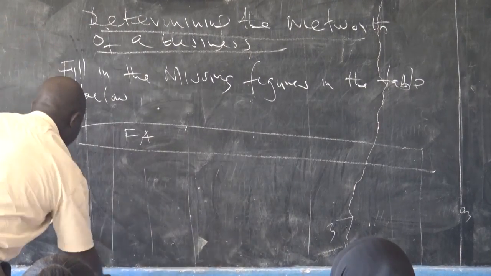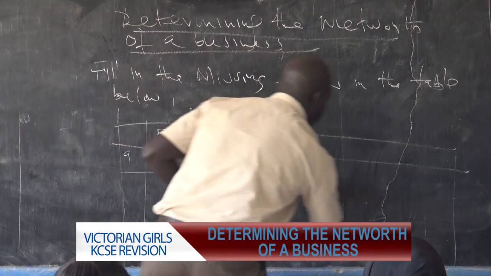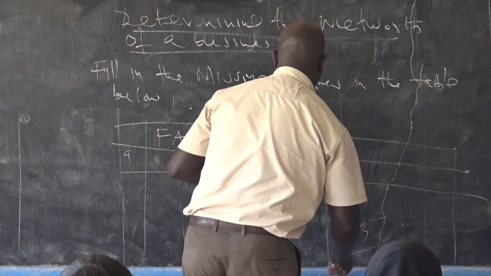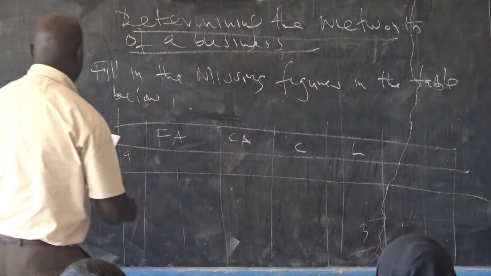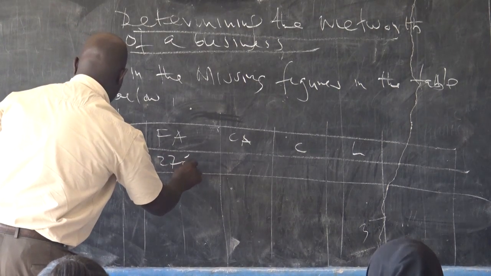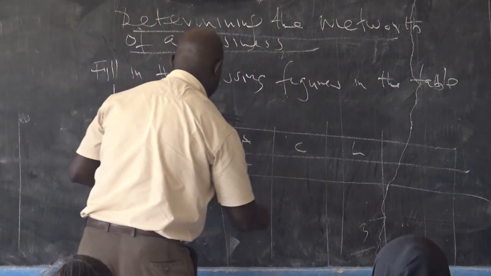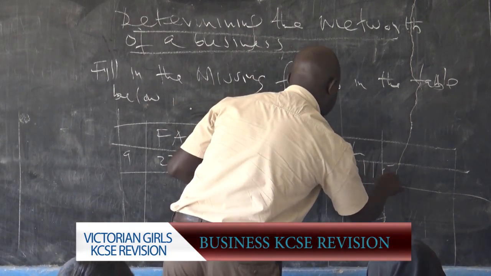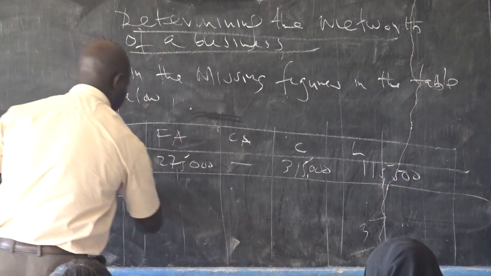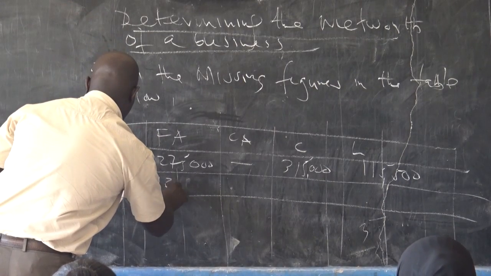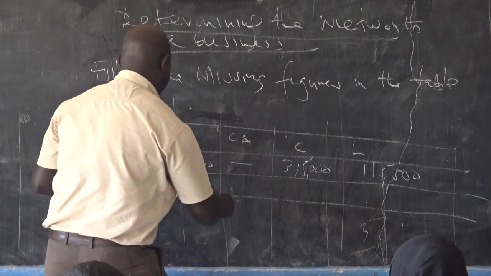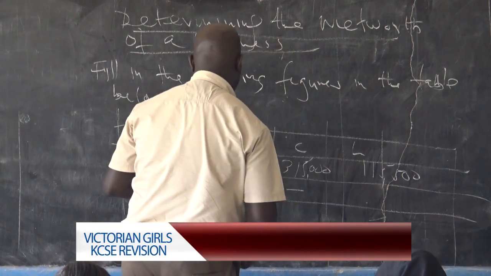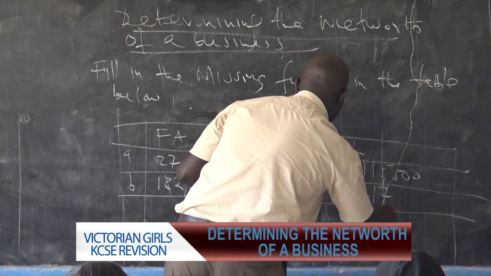Then CA, current assets, C, capital, and L, liabilities. For A, we've been given 275,000, then a dash, 315,000, and 115,500. For B, we have fixed assets 102,000, current assets 108,700, then capital dash, then liabilities 270,100.